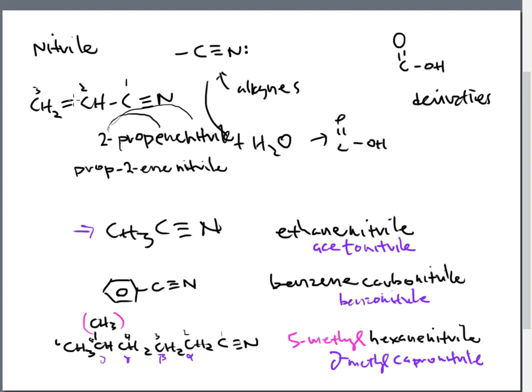The one up here to the top, the last one that we did, does have a common name. We're not going to use the common name. I would never ask you to do the common name because it's a little bit weird. It's one of those common names where you just kind of memorize it. It's like water. How did they get that name? Well, we really haven't talked about this yet, but it does have a common name, and this is acrylonitrile.